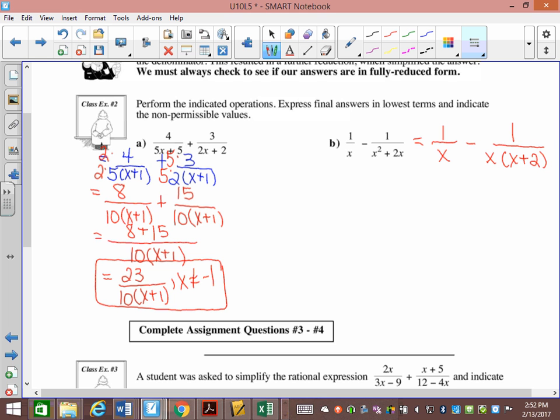So what do they both have in common now? An x. So do I have to multiply them by any more x's? No. The right-hand side, however, has an x plus 2. The left-hand side needs an x plus 2.